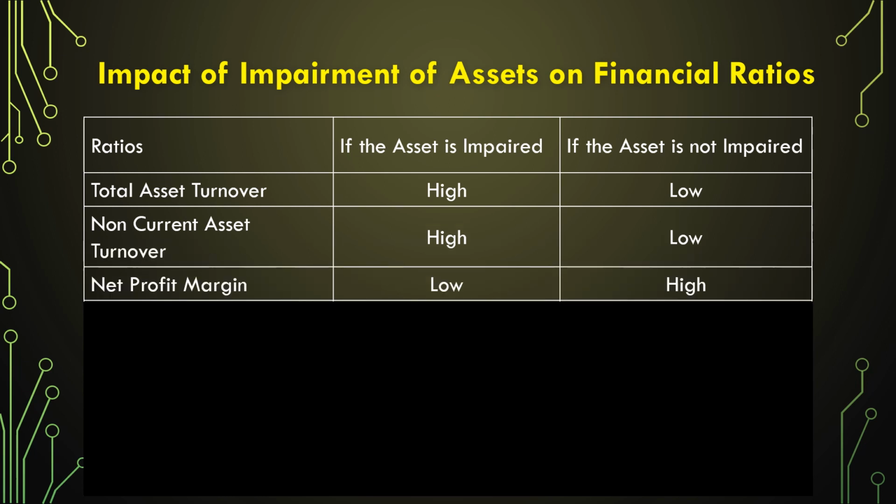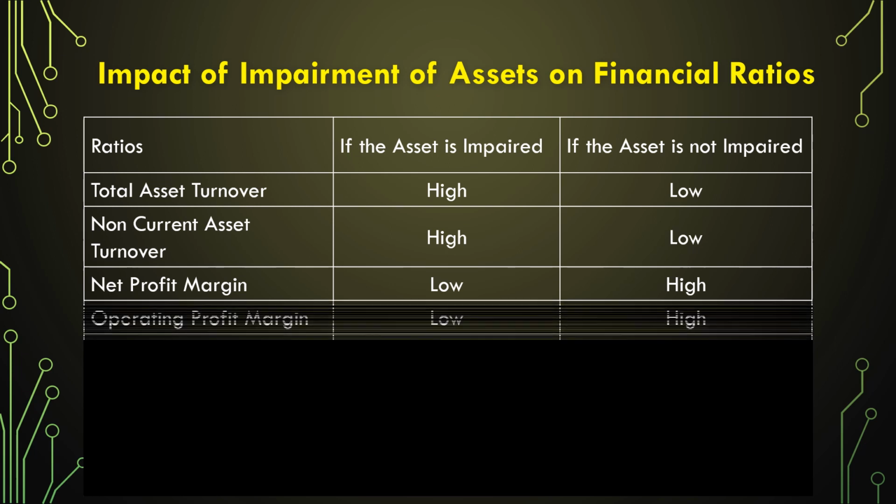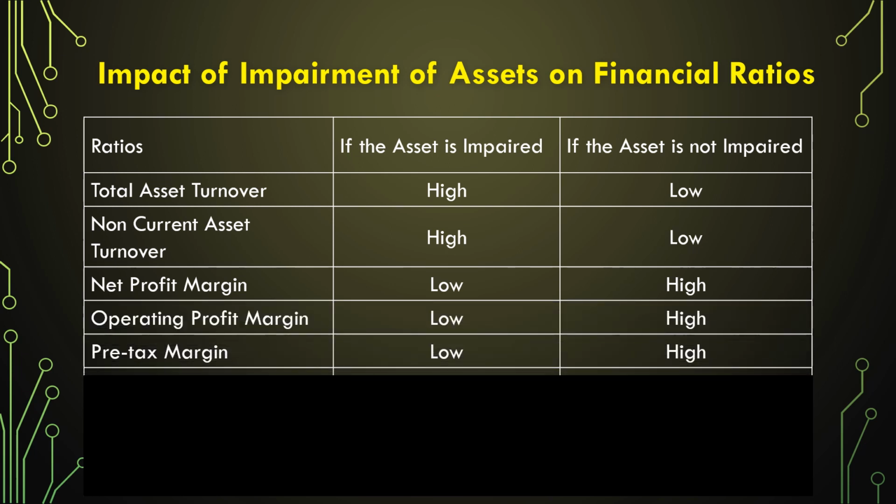As well as the net profit margin, the operating profit margin and pre-tax margin have the same impact. Operating profit margin and pre-tax margin are affected by the impairment because impairment is charged as an operating expense in the income statement. Therefore, the profit figure under operating profit and pre-tax profit is hampered as a result of impairment.